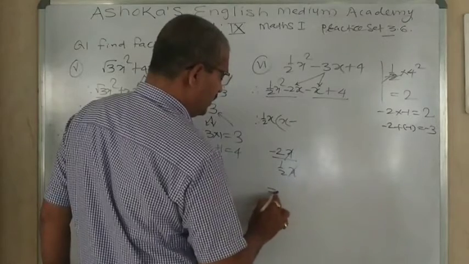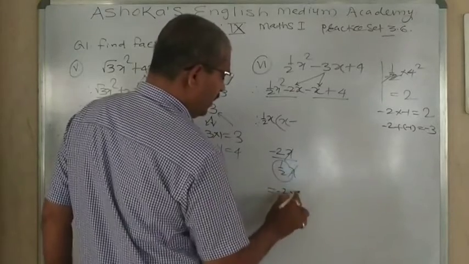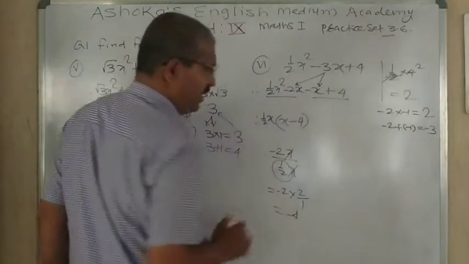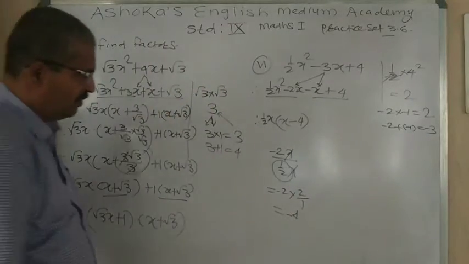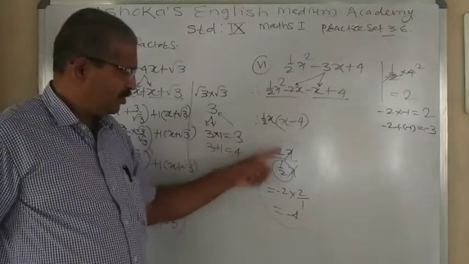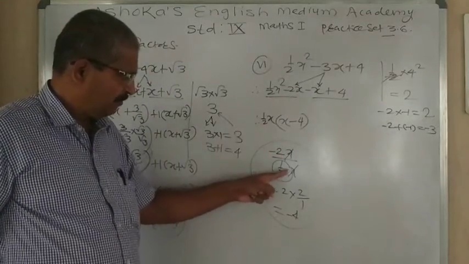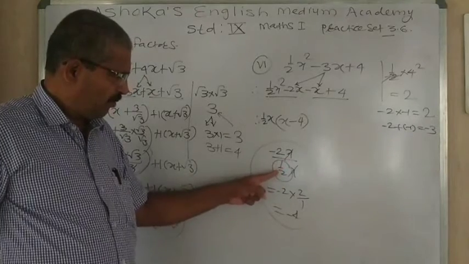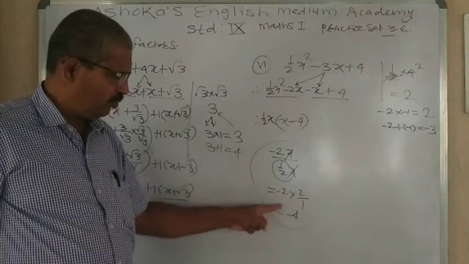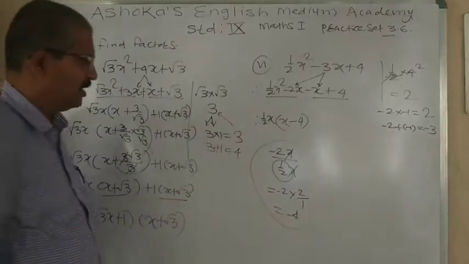This x is cancelled, minus 2 into its reciprocal becomes minus 4, so I am writing here minus 4. This is important. You should try to understand that minus 2x divided by half x, x goes, 1 upon 2 is taken in inverse ratio 2 upon 1, 2 into minus 2, minus 4.